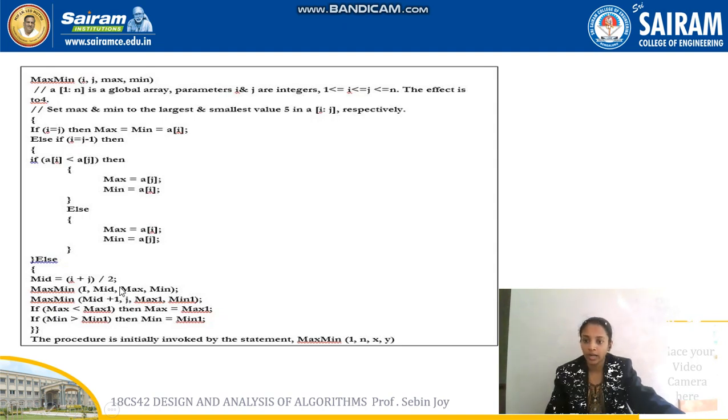This is what we find, and then we compare. From these two results we get maximum and minimum: we compare max with max1 and min with min1, and whichever is larger will be the maximum and whichever is smaller will be the minimum. This function will be invoked initially with the values i, j, max, min, that is 1, n, x, y. So x is the maximum, y is the minimum, and i and j are 1 and n. 1 is the starting position of the array, and j is the ending position of the array.